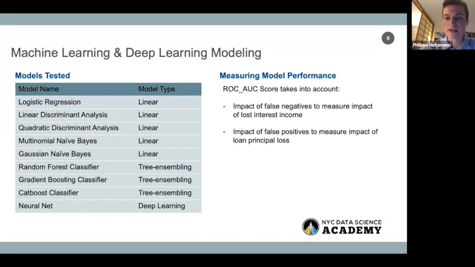There are different metrics that are available, of course, when you're measuring model performance, which I won't go into, but might prioritize or place more weight on measuring the impact of false negatives or false positives. But ROC AUC score in this case was what we decided to go with.